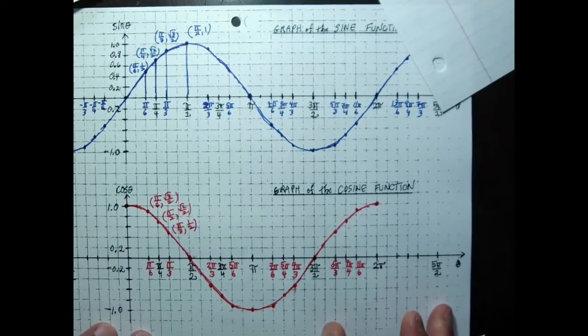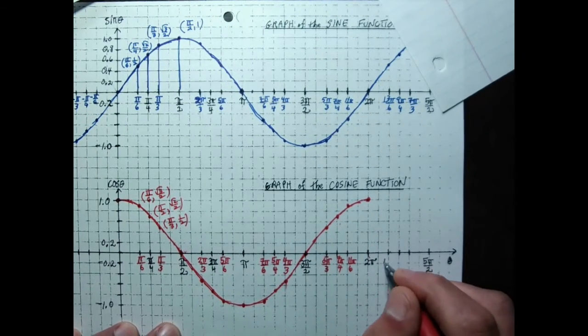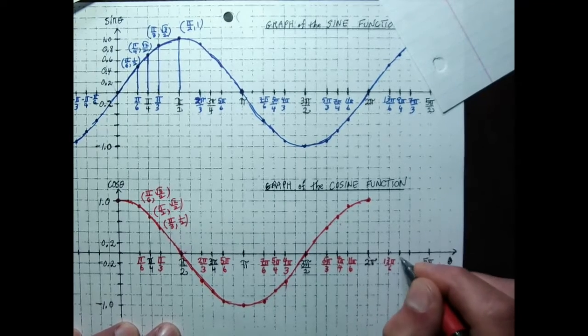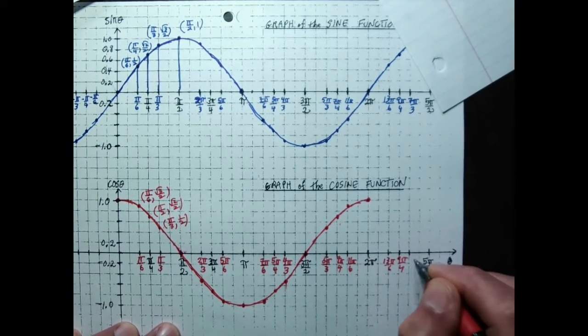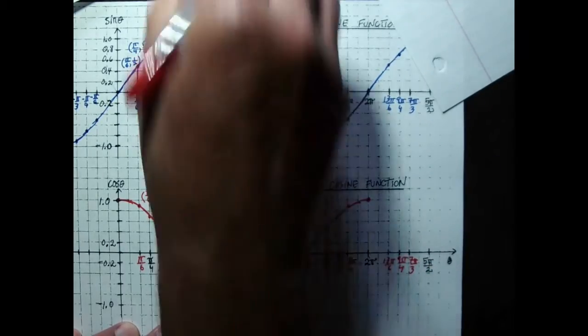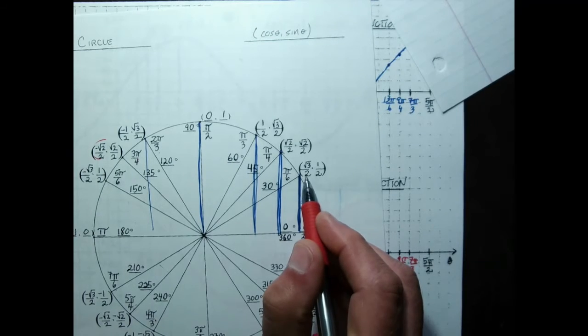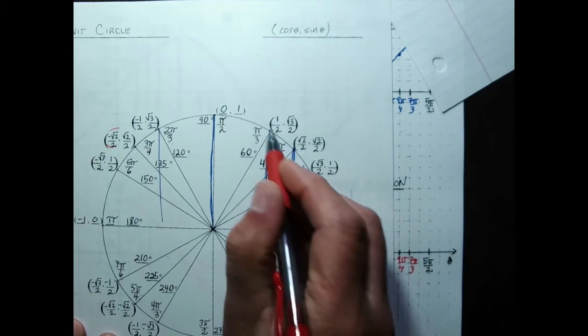And just like with the sine wave, we can continue on to 13 pi over 6, 9 pi over 4, 7 pi over 3. So this is like if we've gone more than one full circle, we'll start hitting the same cosine values. We're just back in this first quadrant, right?